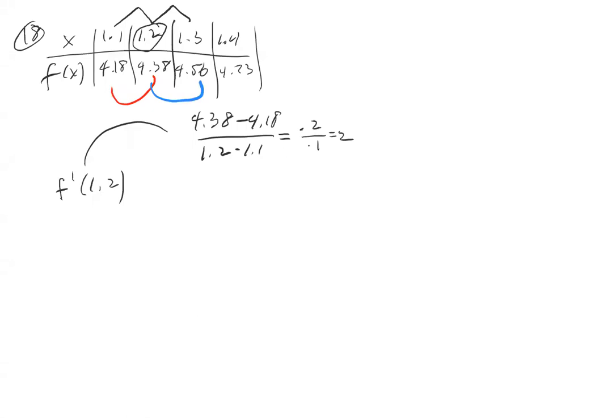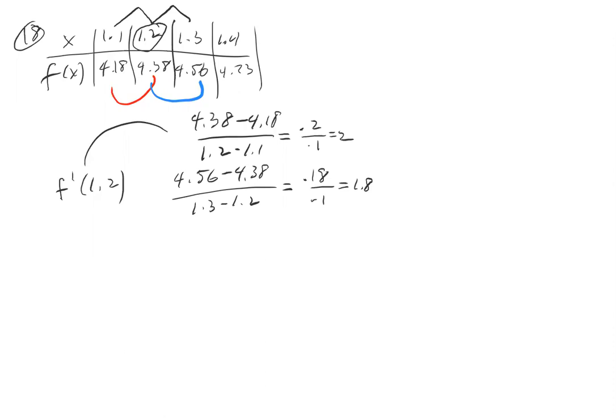Even though they weren't equally spaced from 1.2, we're probably going to do both of them anyway. So you go y minus y over x minus x. What does that come out to? Let's see, 1.8. I'm not going to use a calculator over 0.1. That's 1.8.